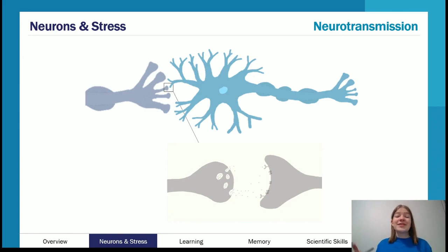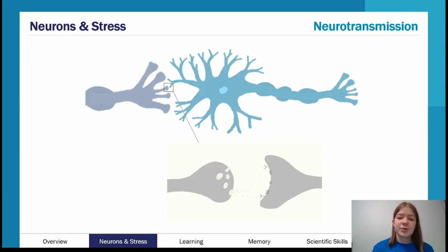In terms of how these neurons are sending messages, in this study design we're not seeing a big focus on labeling the different parts of the neuron explicitly, but you still need to know how neural transmission works. So we've got a synapse in here, and you can see that we've got the axon terminal of our presynaptic neuron, which is coloured in purple, and the dendrites of our postsynaptic neuron, which is coloured in blue.